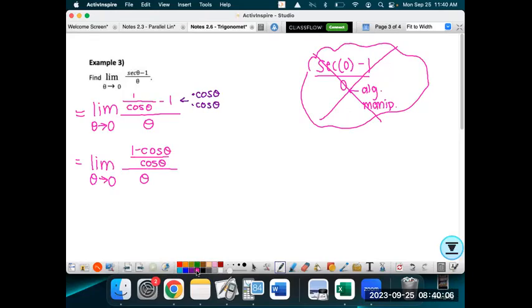Ew, we have a 3-part fraction. Think about how we might be able to break this up and write it a little nicer. Hopefully you said something along the lines of keep, change, flip, or multiply by the reciprocal.